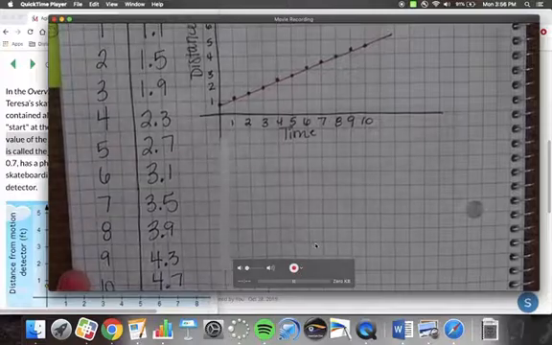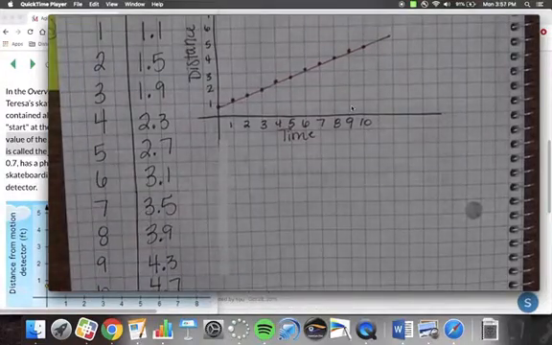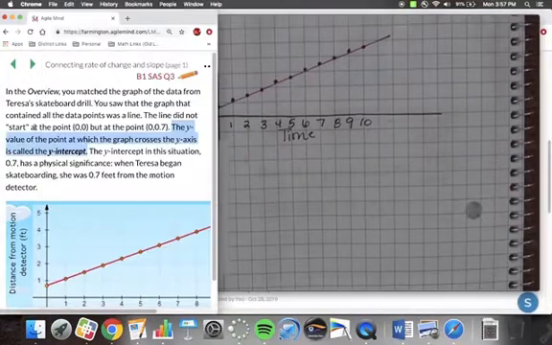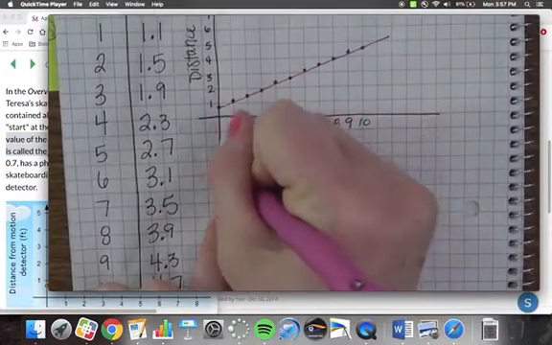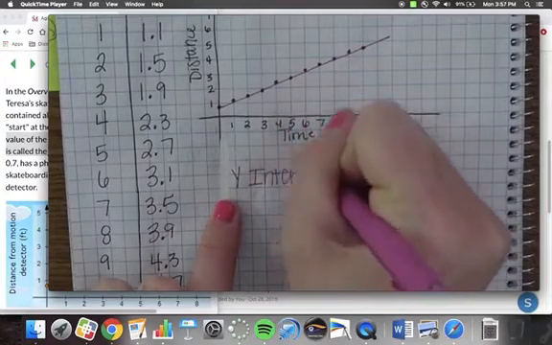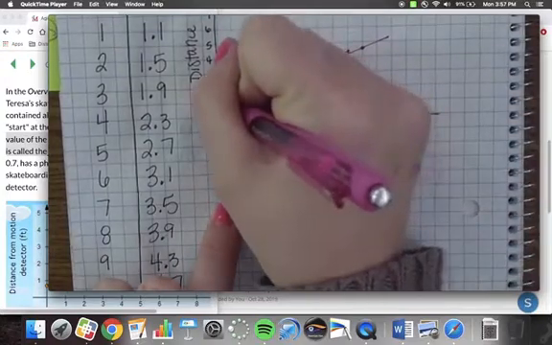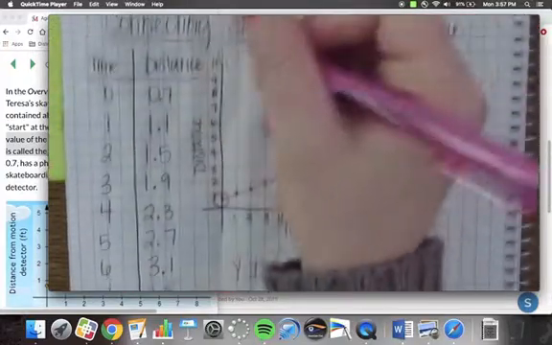Okay, let's try that again because they made another announcement. So the y value of the point at which the graph crosses the y-axis. So I'm just going to say y-intercept. Notice it's where it crosses the y-axis.